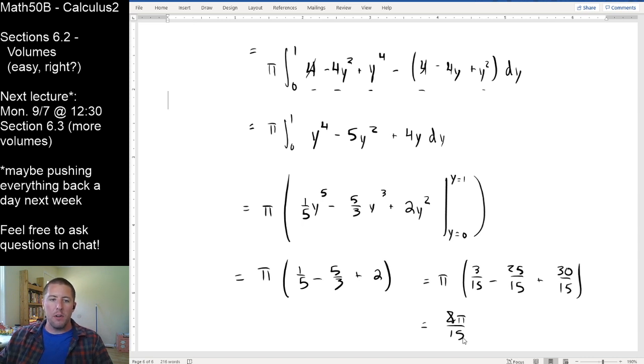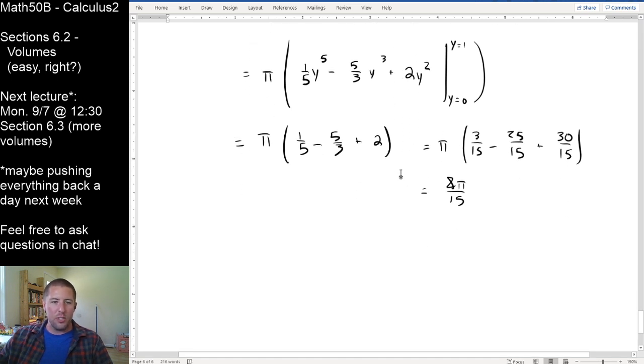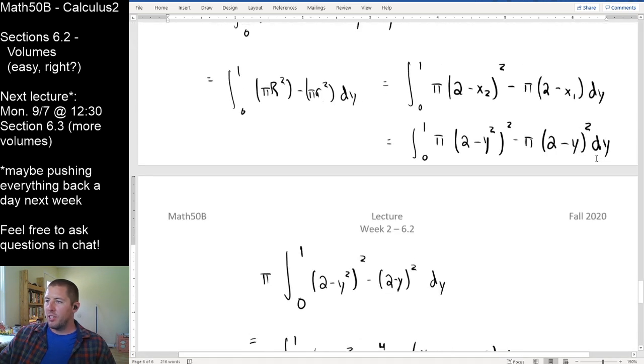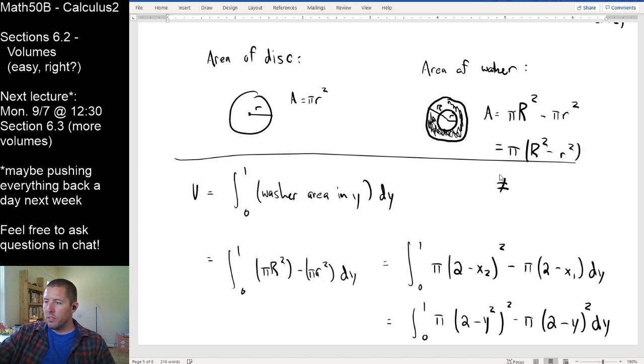Coffee Gopher is very much pointing out that I think I was doing an r squared minus r squared wrong thing right there. I'm going to write my equivalent statement: this is equal to pi times r squared minus r squared, which is not equal to pi times r minus r squared.